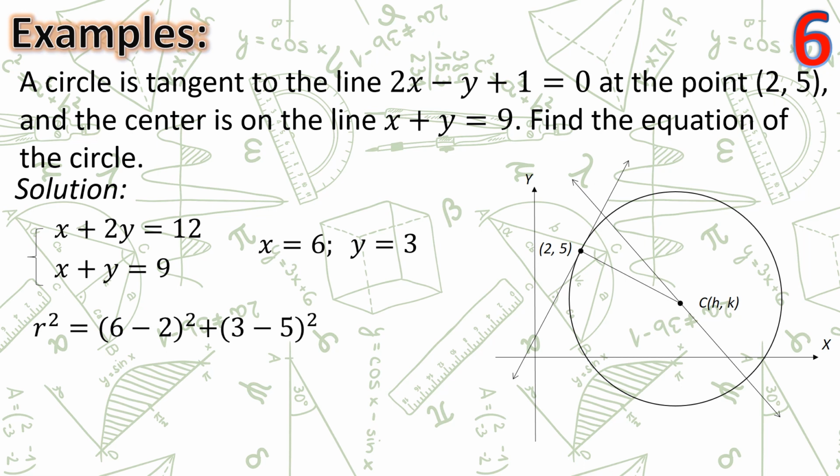We're going to use the distance between 2 points formula, and we'll have r squared is equal to 6 minus 2 squared plus 3 minus 5 squared. So r squared is equal to 20. Then we have the equation of the circle as x minus 6 squared plus y minus 3 squared equals 20.